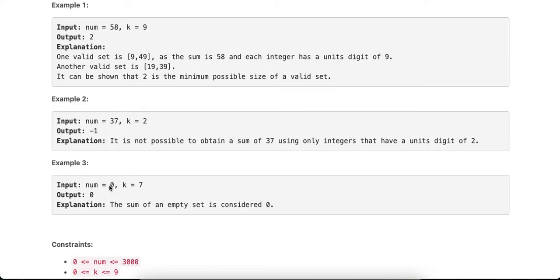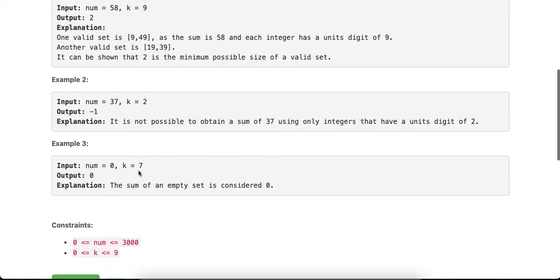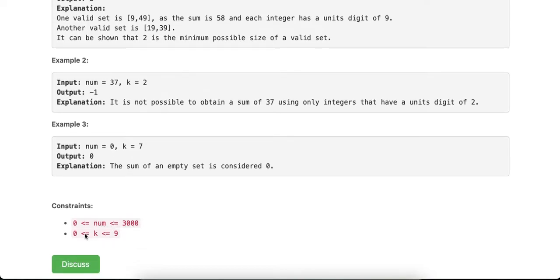So when num is 0, the answer is trivial. We just return an empty set. Now, the constraints: k is from 0 to 9, of course, the existing digits in 10 numbers, right? And num is between 0 and 3000.